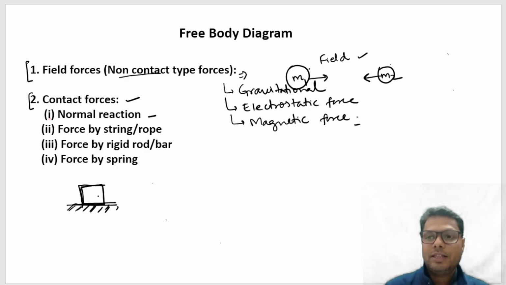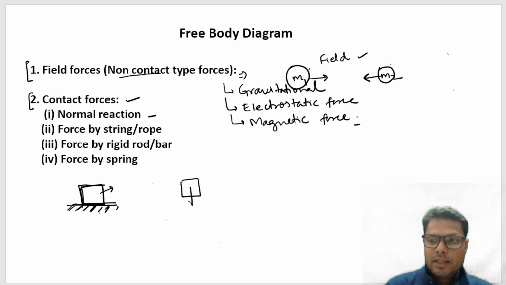For example, there is a table and there is a block. A block is kept on this table. If we have to draw the free body diagram of this block, we should isolate this block. Free body diagram is a separate diagram. We have to separate it from here.